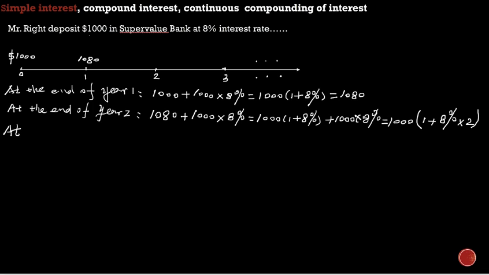How much will Mr. Right get at the end of year 3? This is the amount at the end of year 2. Let me give the number. The number actually is easy. 1,160. This one.